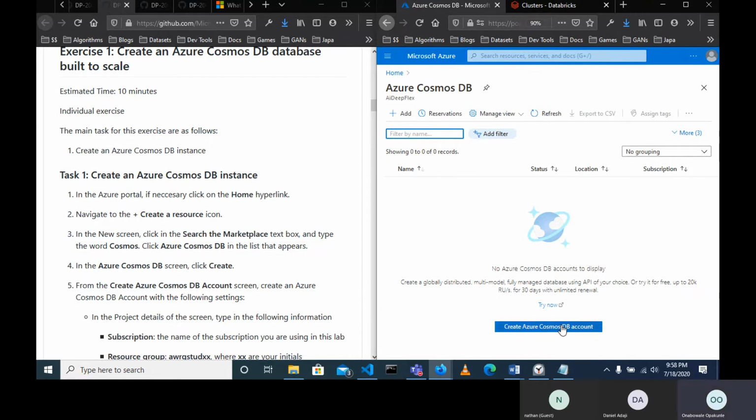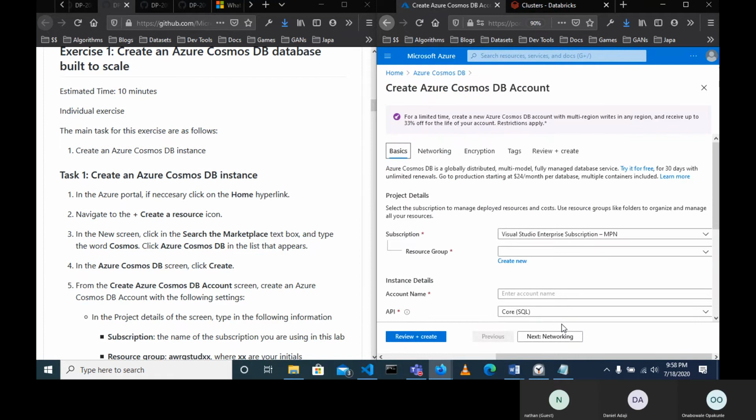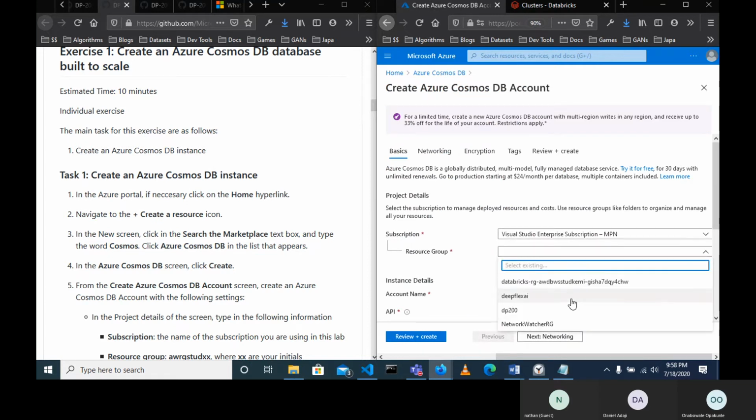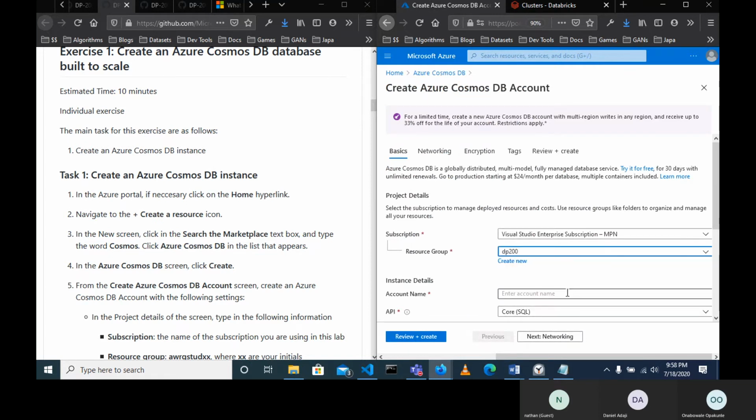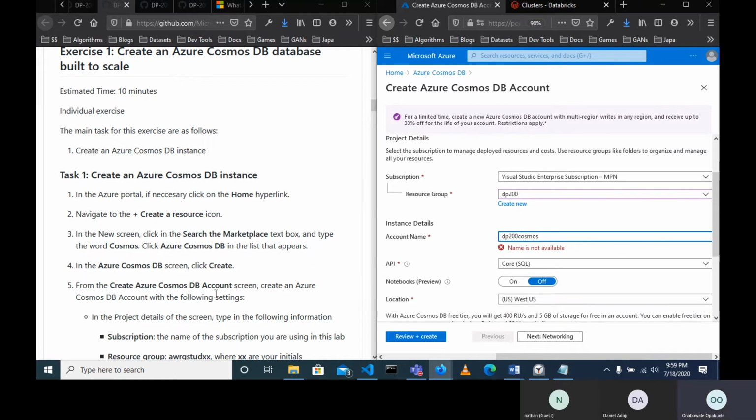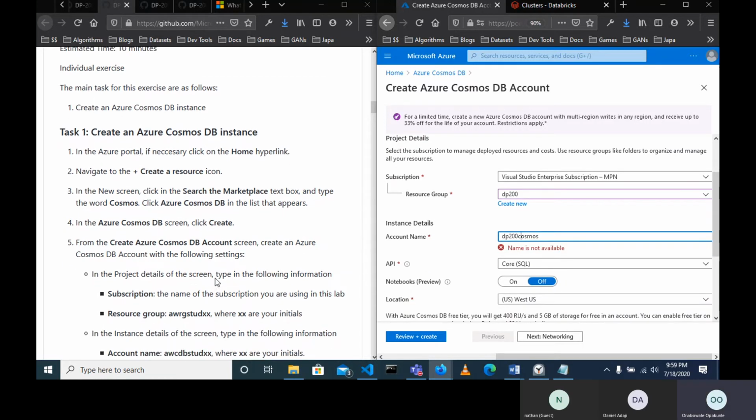Let's create an account. What API are we using?